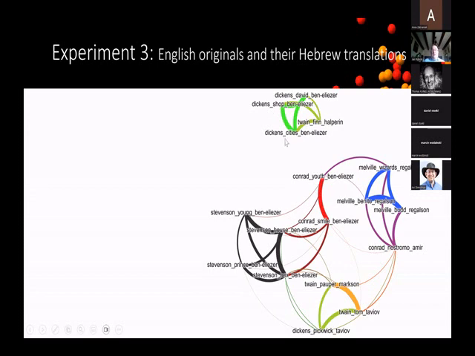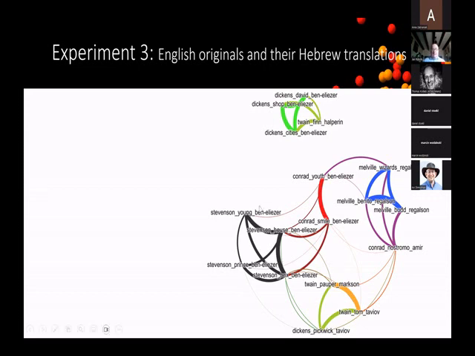But then we also have to say that the translatorial signal of someone like Ben Eliezer is not entirely preserved, because his Dickens is very different from his Stevenson, which is probably a good thing for Ben Eliezer, whoever he is. At least it looks like he is pretty good at finding different voices for two different writers. Good for him.